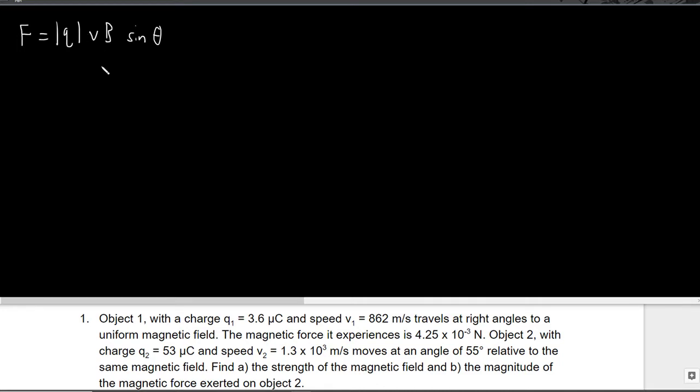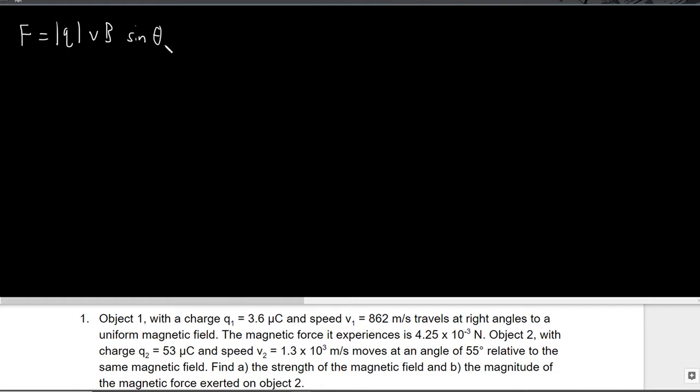Keep in mind, if the charge is not moving, we're not going to see this happen. So times the velocity, times the magnetic field strength, and with the problems we're going to be working with, it'll be a uniform field, times the sine of the angle relative to that magnetic field.